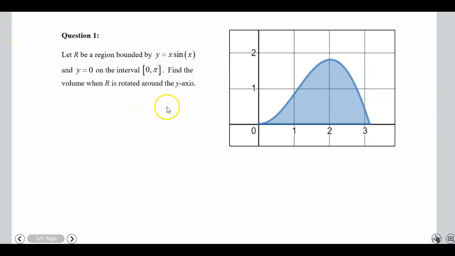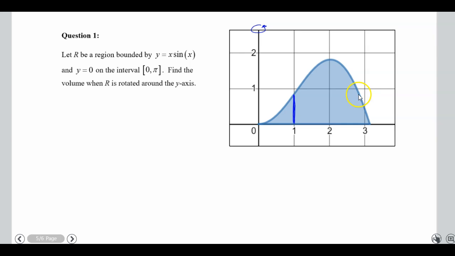So what I'll go ahead and do is put in this arrow to indicate this is our axis of rotation right there, the y-axis. I'm going to draw in, just so we can visualize it, one sample rectangle that I want to use. And notice I'm doing this one vertically.